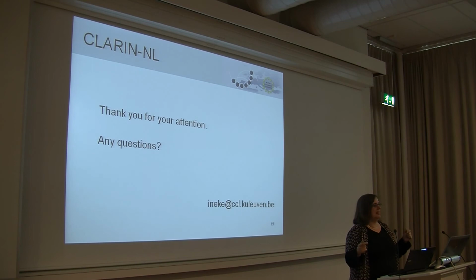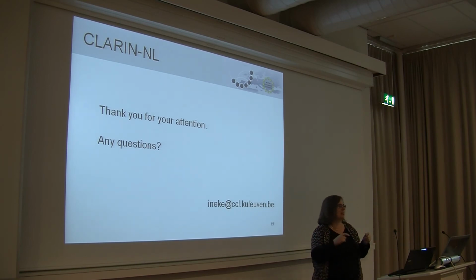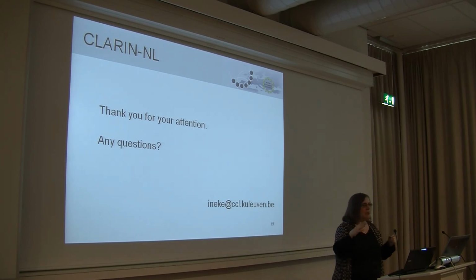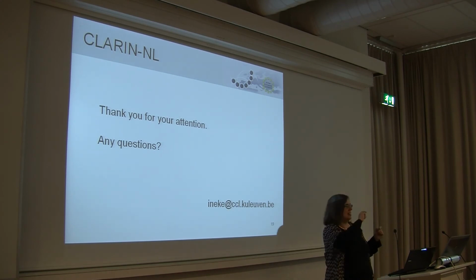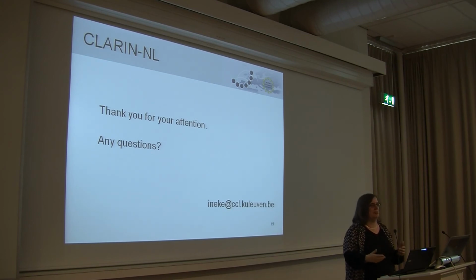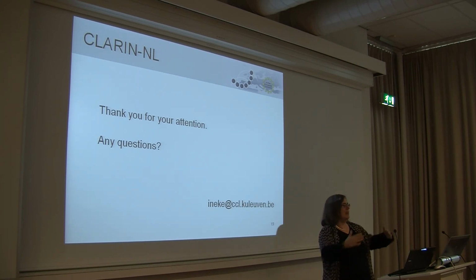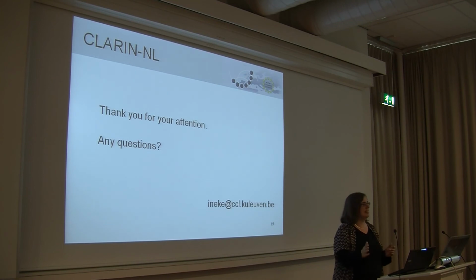Because with ISOcat there's a long procedure to have everything standardized in a very formal way. But we then have a faster route and say, okay, in our CLARIN NL and VL domain, we consider these DCs as standardized.